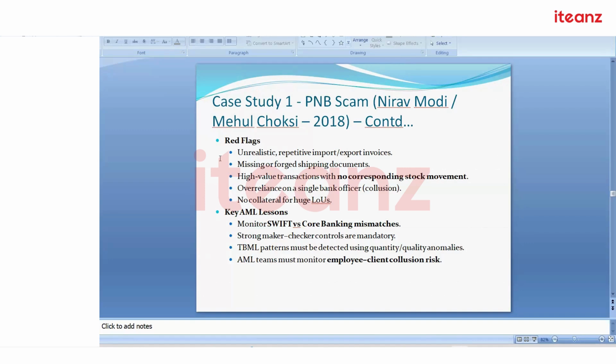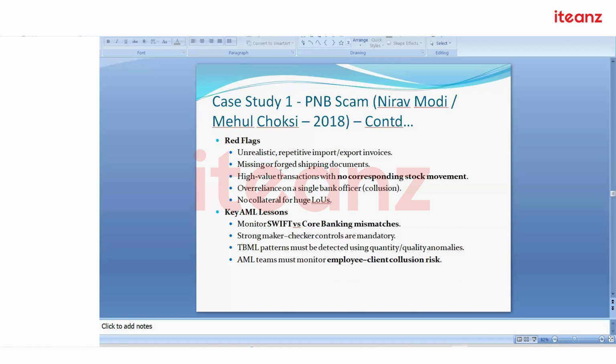So how did the red flags come about? There were unrealistic, repetitive import-export invoices they provided, which were fake documents. Some shipping documents were missing or forged. Forged shipping documents means fake documents. When you do import, export and all that, they give some invoice, right?